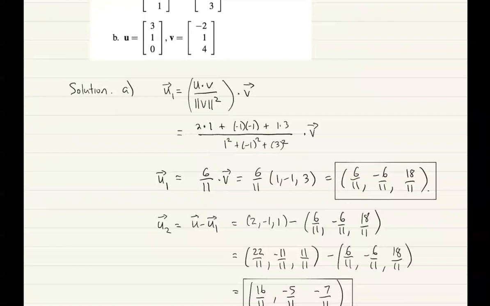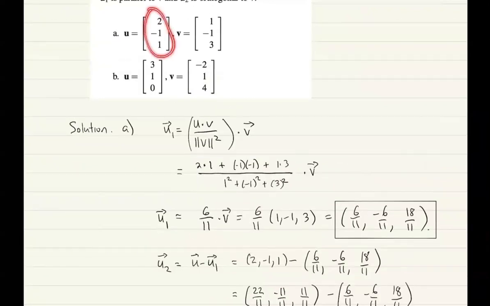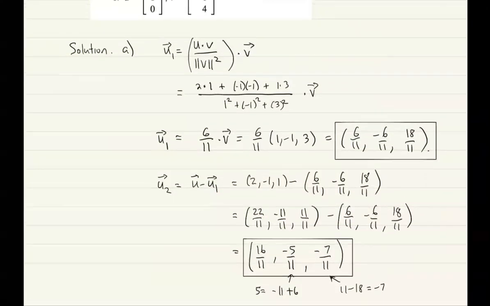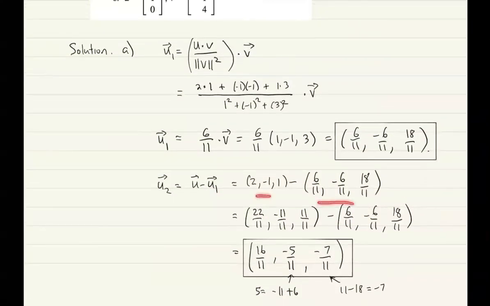Moving on to U2, well, that's just U minus U1. The vector U is (2, -1, 1). The vector U1 we found here. And so we just do the subtraction. Subtraction of vectors is done component-wise. So, first of all, I just made a common denominator over 11.